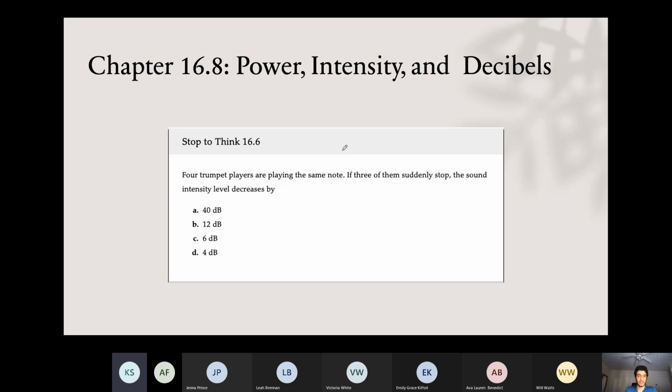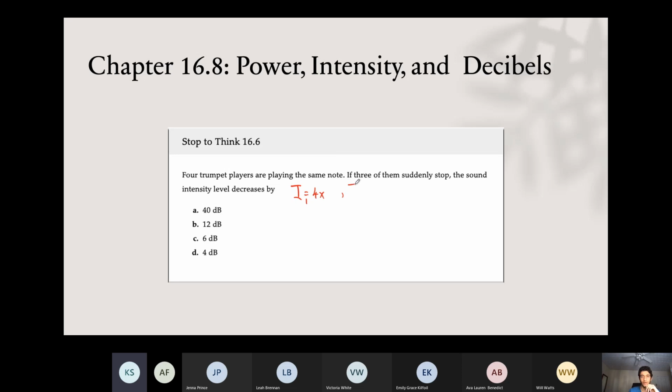So let's look at this. Four trumpet players are playing the same notes. If 3 of them suddenly stop, the sound intensity decreases by how much? So let's say in the beginning we had 4 people, so the intensity was 4x.